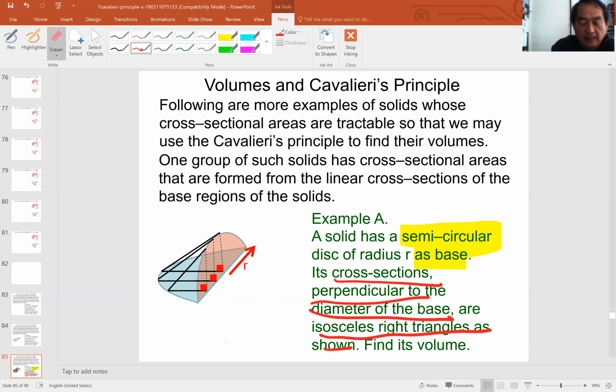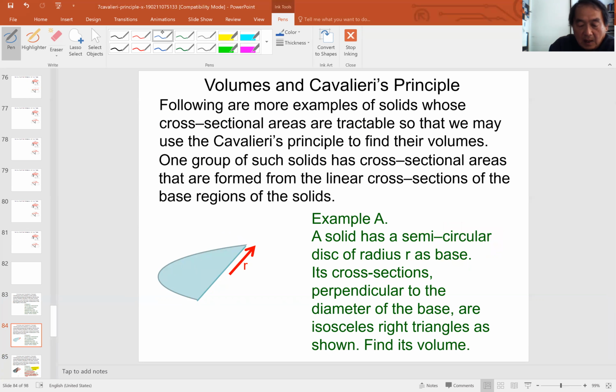In other words, in these shapes, if I take a cross section over here, let me call that X. Okay. And then look at what I slice through in terms of volumes.